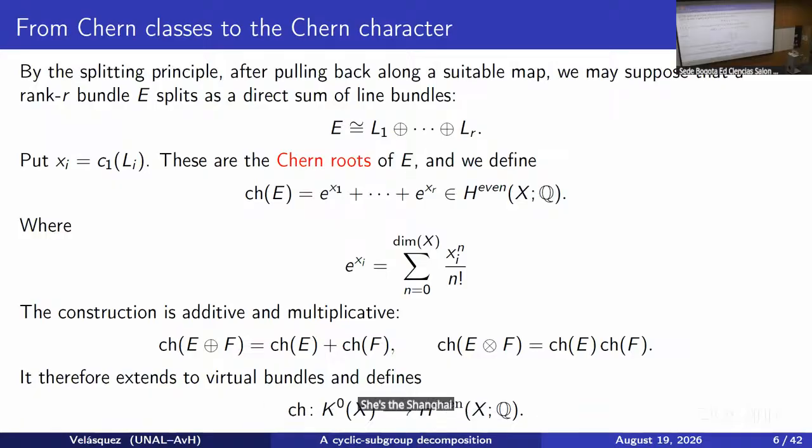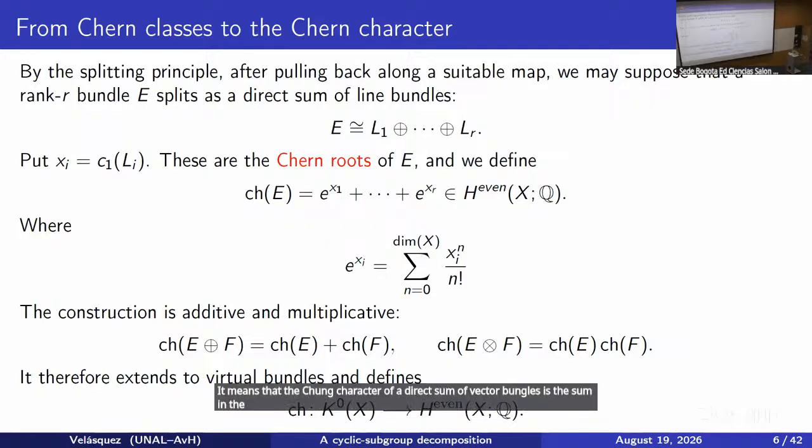And the main property of the Chern character is that it defines a ring homomorphism. It means that the Chern character of a direct sum of vector bundles is the sum in the cohomology groups. And the Chern character of a tensor product is the product of the Chern characters.